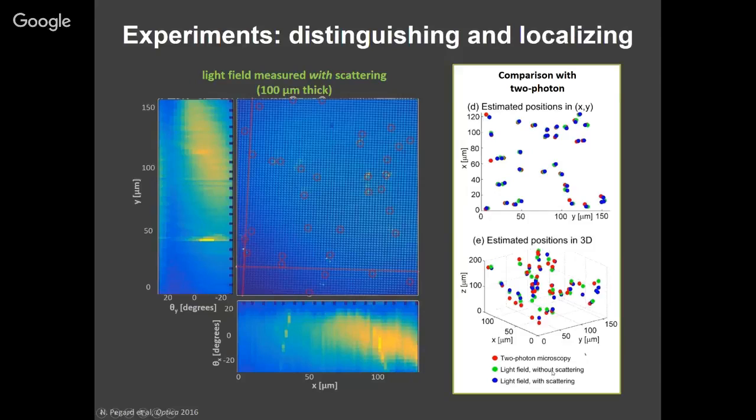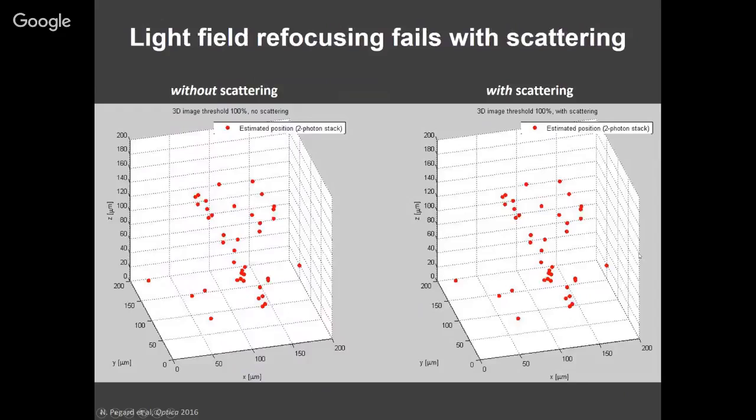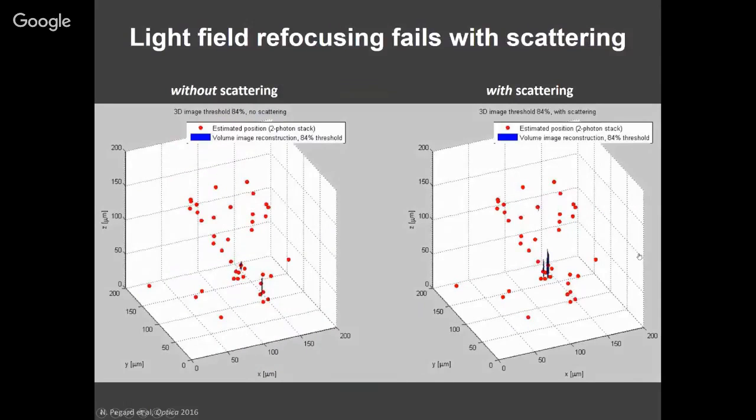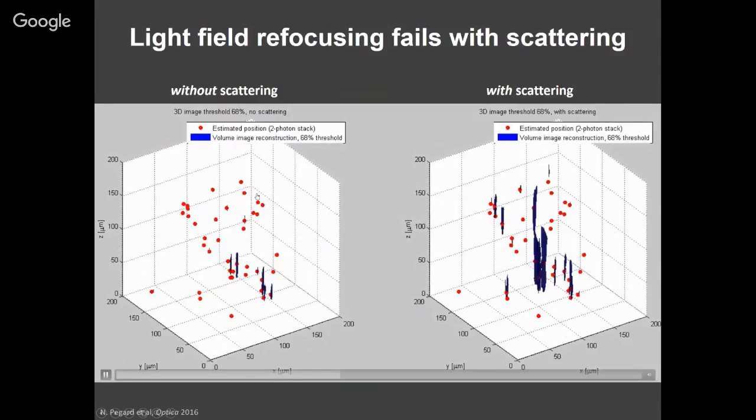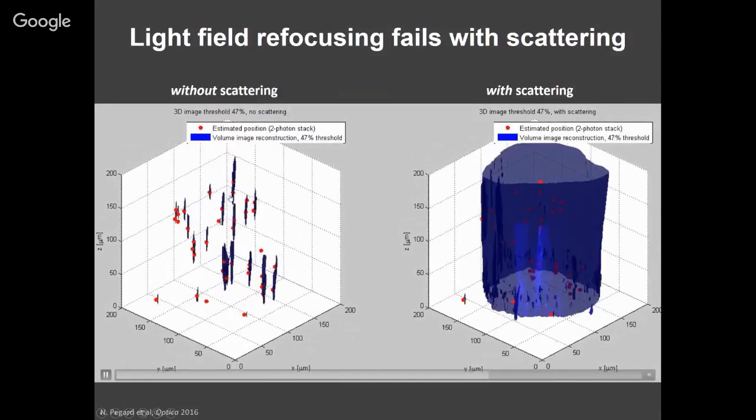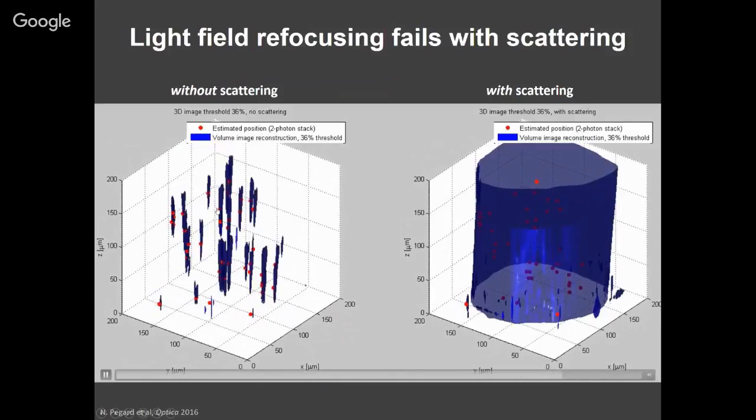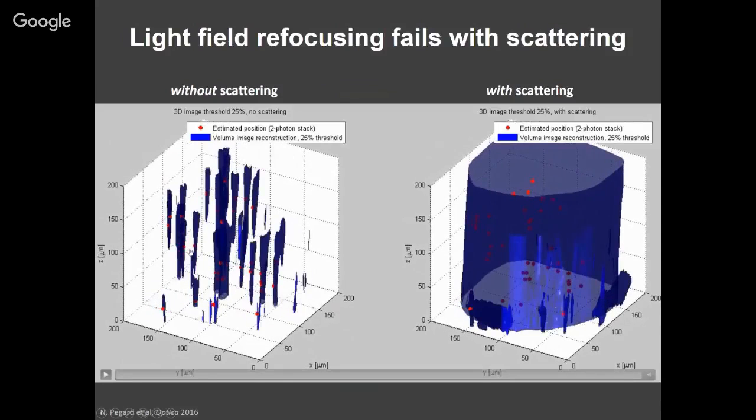But one of the points here is that with and without scattering, we still do very well at localizing these things. So we're getting through 100 microns thick plus a bunch of propagation. What I want to show here is, the red is the 2 photon 3D positions of the particles. And without scattering, I'm showing you the light field reconstruction as I change the threshold.